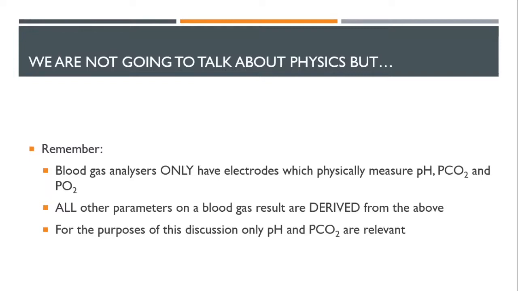So they're dependent variables, where your pH, your PCO2, and your PO2 are independent because they are measured. Everything else is derived and dependent on those variables. But for the purposes of talking about acid-base disturbance, only really pH and PCO2 are relevant today. We're not going to talk about PO2 today much.